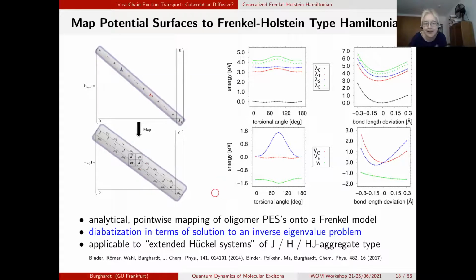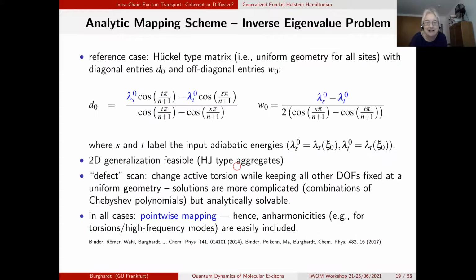We actually use a mapping procedure here, which is analytical. It's very close to thinking of a Huckel type problem. If you have a Huckel Hamiltonian, then you have everything analytical.